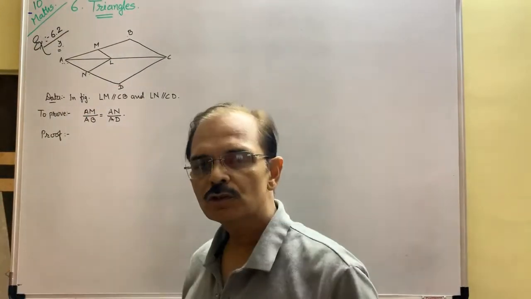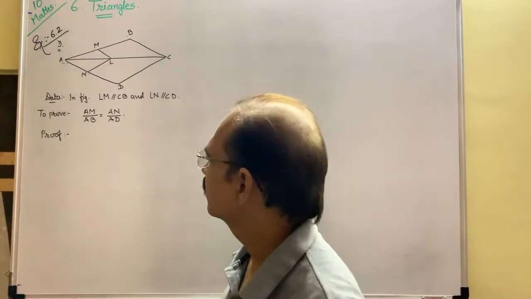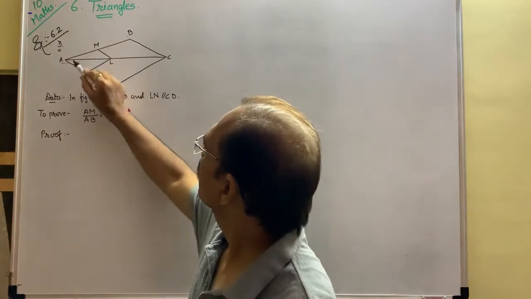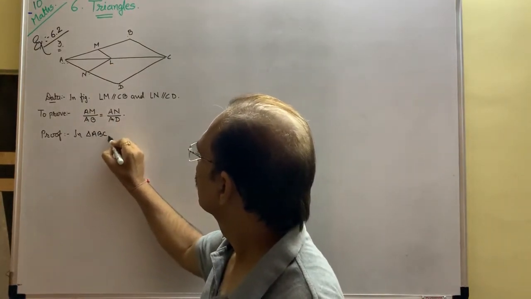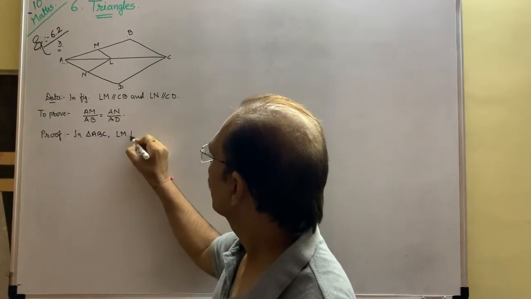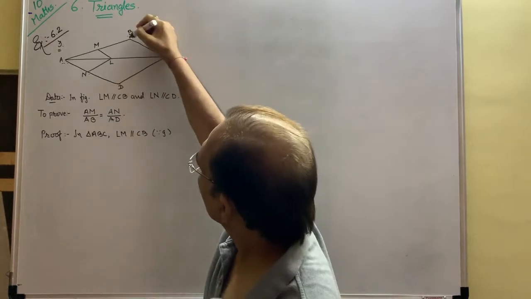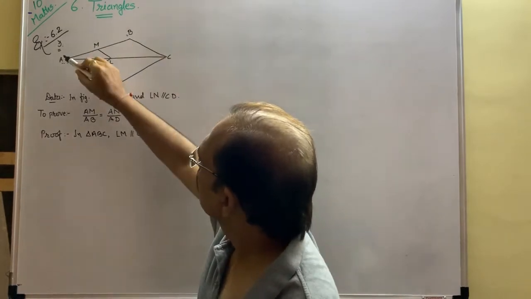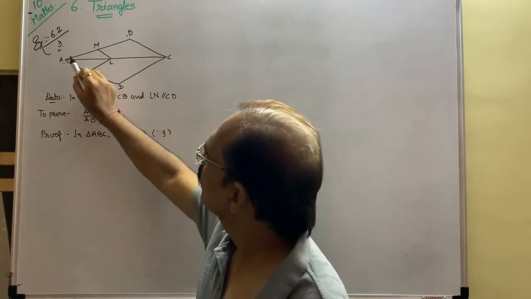Proof. We use theorem number 6.1, that is Thales theorem. So here take triangle ABC. In triangle ABC, given that LM is parallel to CB. If LM is parallel to CB, then AM upon AB is equal to what?